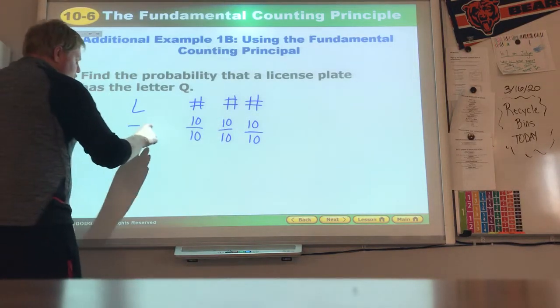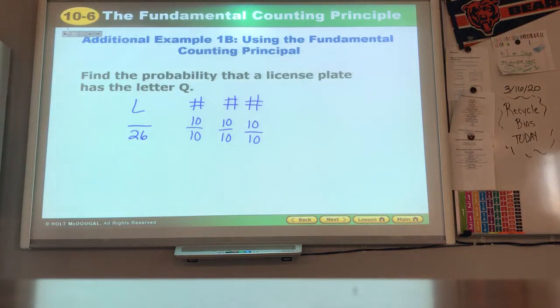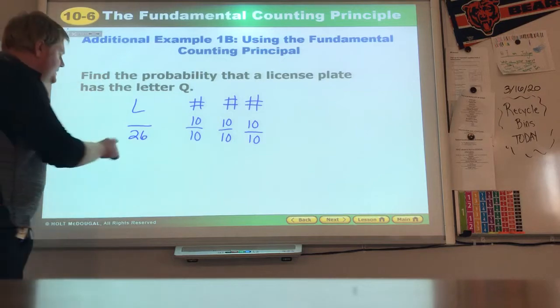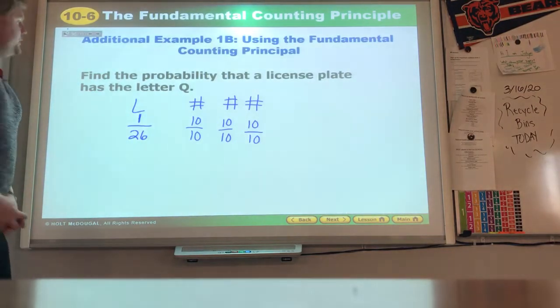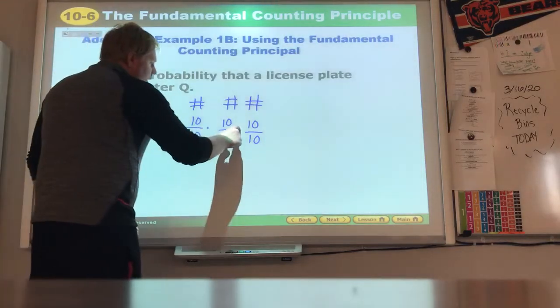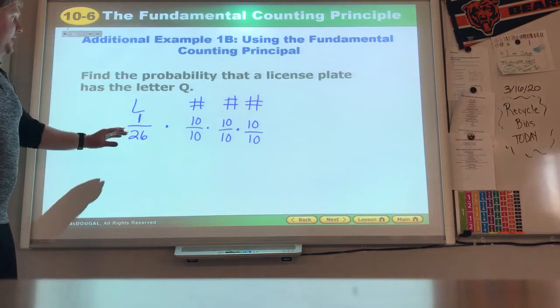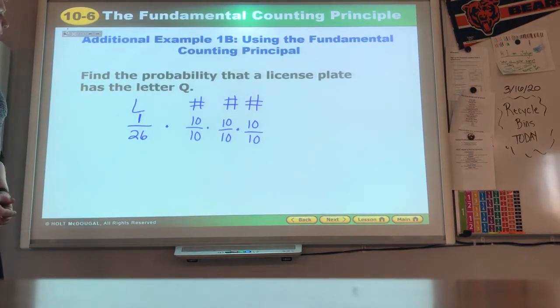But with the letter, there's 26 of them total. How many certain letters do we want? We want that Q. There's only one letter that meets that, out of 26. The numbers didn't matter, so we put 10 over 10 for each of them. The letter did matter. We have to have that specific letter. So 1 out of 26 chance of getting that letter.